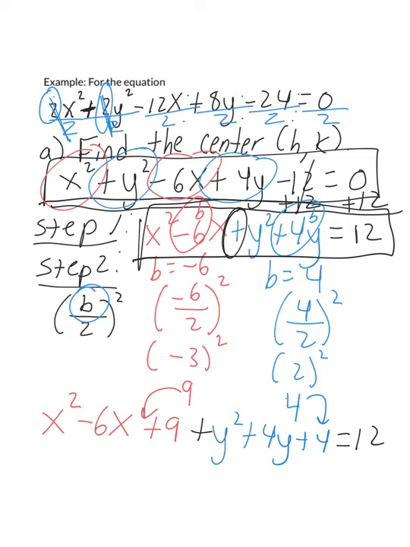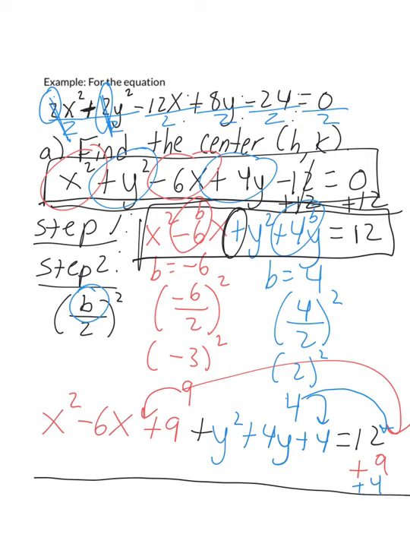And then you need to add 9 to the right side as well, since you added it to the left side. And you also need to add your 4 to the right side as well. And let's see what we have here. So when we do that, we have x squared minus 6x plus 9 still, which is a perfect square trinomial.